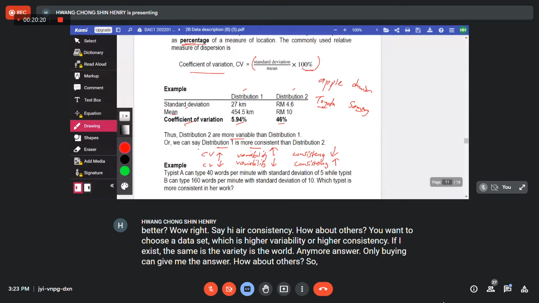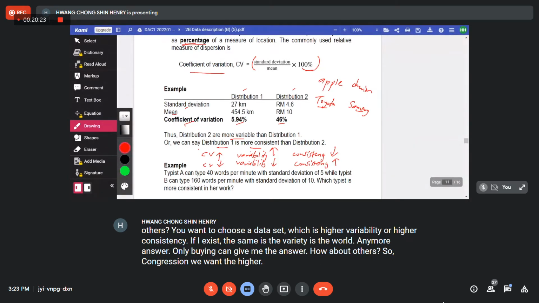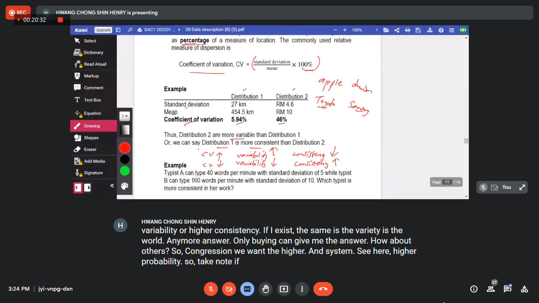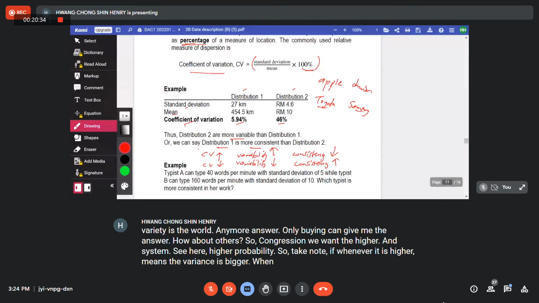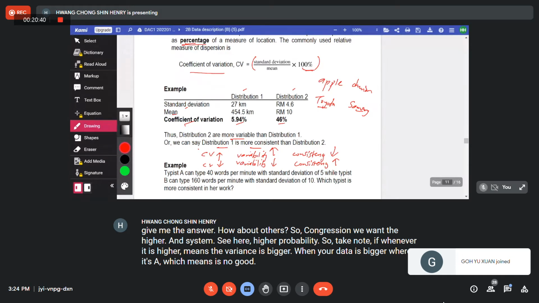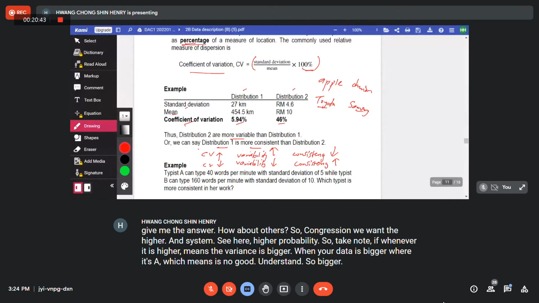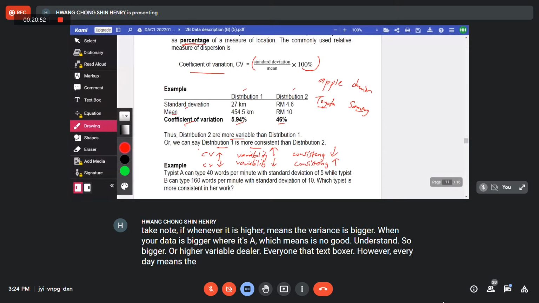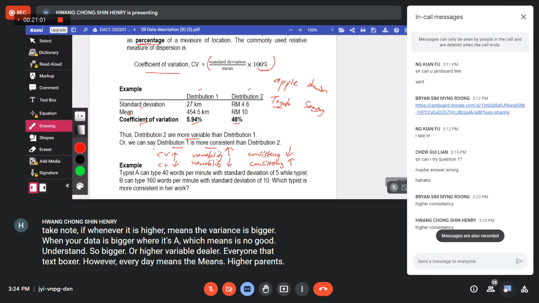So, conclusion, we want the higher consistency, not the higher variability. So take note, if the variability is higher, it means the variance is bigger. When your data has bigger variance, it's no good. Understand? Okay, everyone type in the text box: higher variability means higher variance, which means the data is not so good.